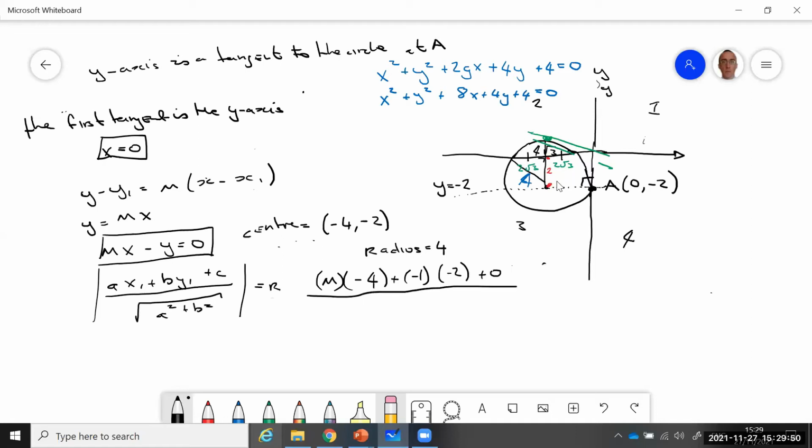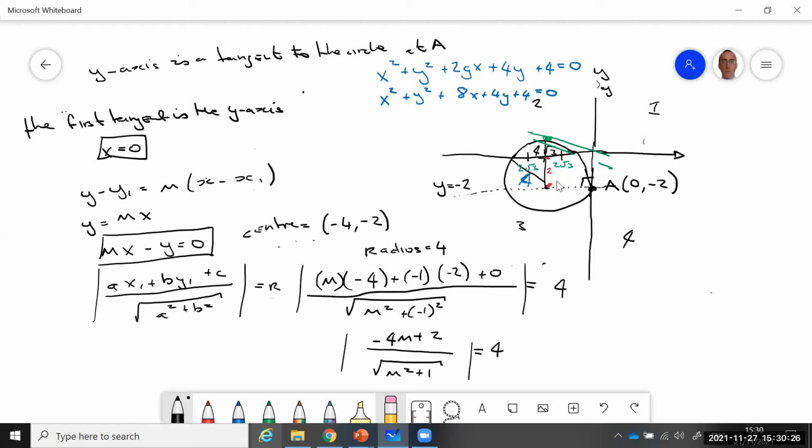And then we have the square root of m squared plus minus 1 all squared, and the modulus of all that is 4. So we can tidy up. We have minus 4m plus 2, minus times minus is plus, and we have the square root of m squared plus 1, all that equal to 4.